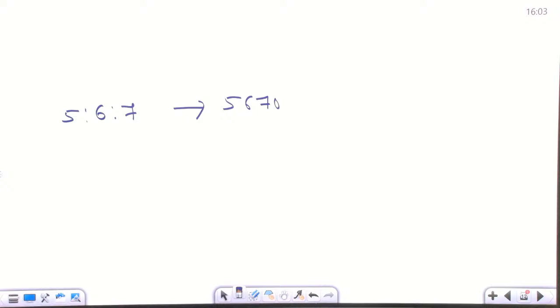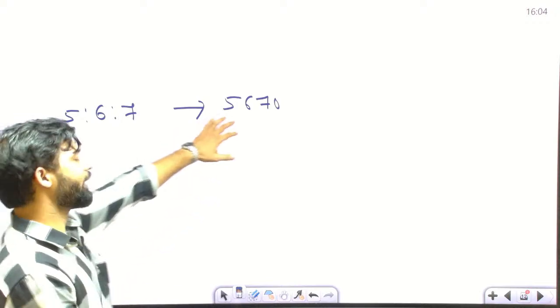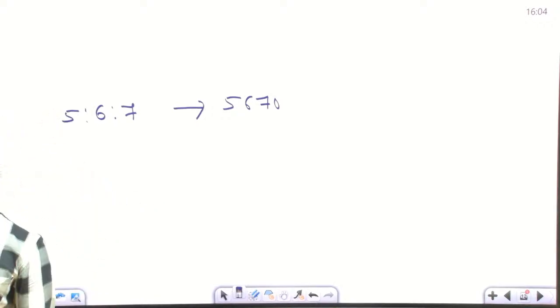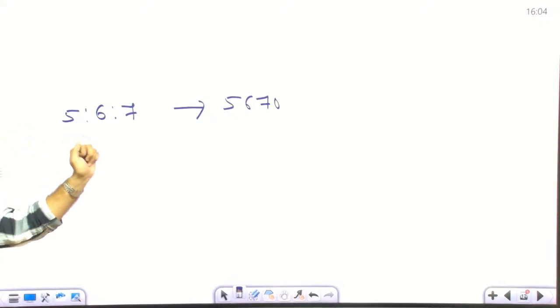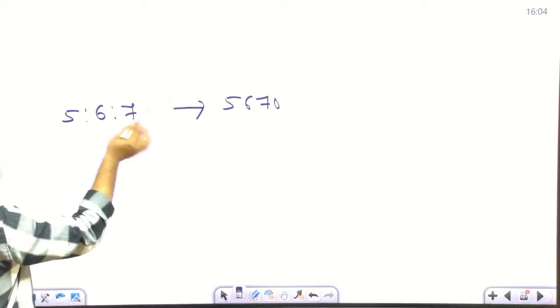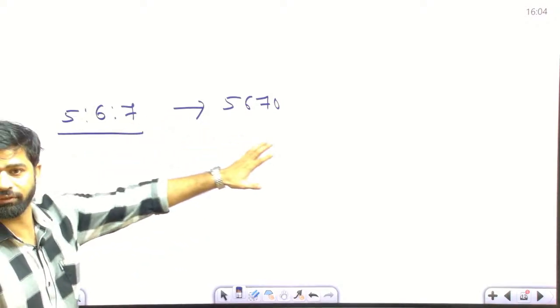Look at the board. This 5670 is the product of the numbers which are in the ratio 5 is to 6 is to 7. First of all, this is the case of product.